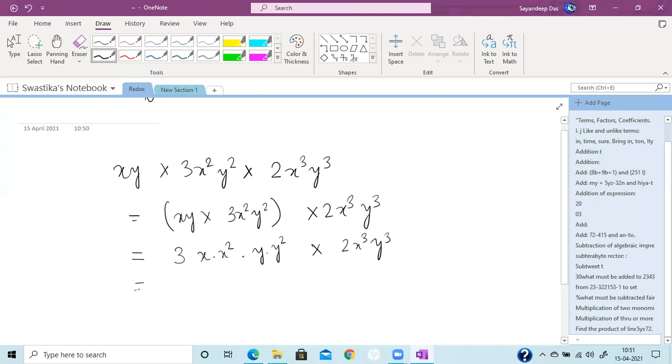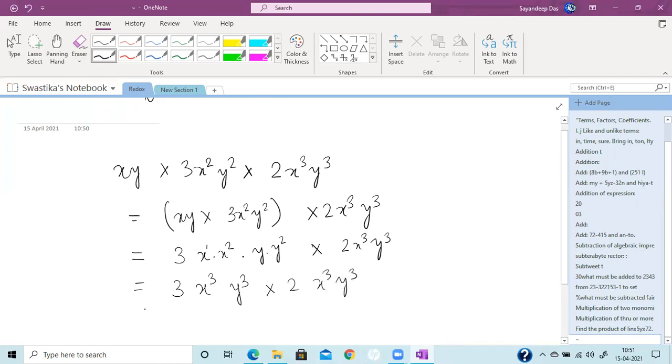Or you can write 3x to the power 1 x square, that is x cube, 1 plus 2 is 3, and then similarly y cube into 2 into x cube y cube.